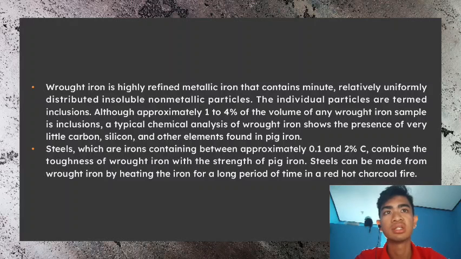A typical chemical analysis of wrought iron shows the presence of very little carbon, silicon, and other elements found in pig iron. Unlike wrought iron, the lack of purity in pig iron makes it hard and brittle. This brittleness makes pig iron difficult to shape by hammering or forging techniques.